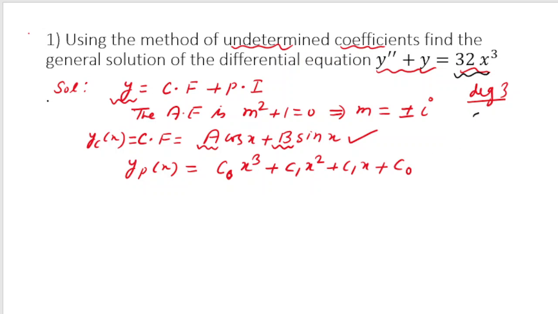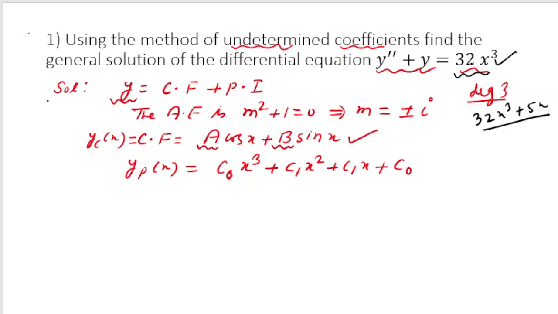If the right hand side is, suppose, 32x cube plus 5x, in that case also I have to select the same trial solution, because we are not looking at the polynomial as such. What we are looking at is the degree of this polynomial. The degree of this polynomial is 3, and the degree of that polynomial is also 3.